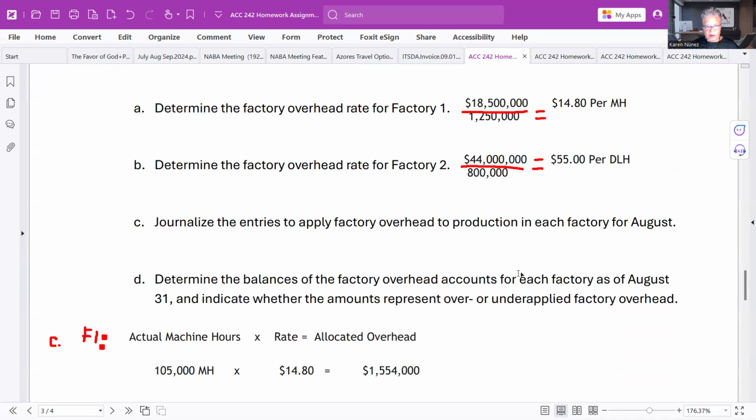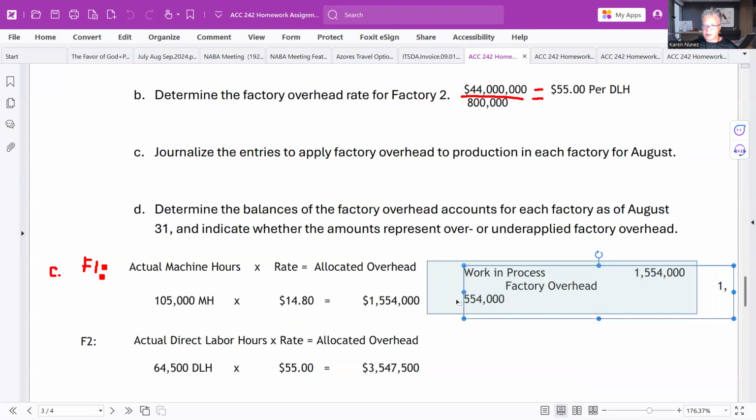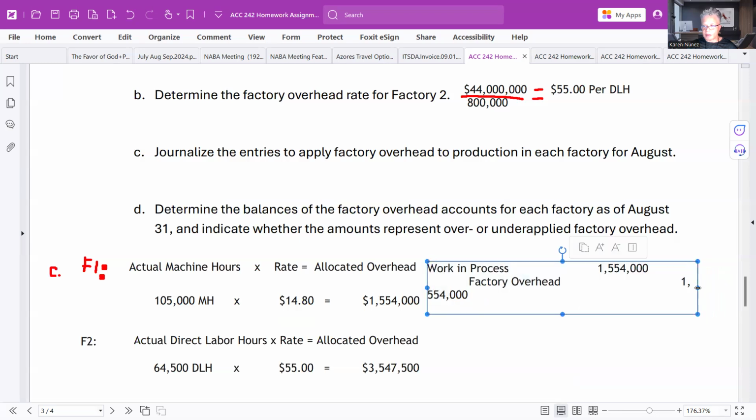So let me see where I can put that. I can probably put that over here on the side. So in factory one, we assigned allocated overhead of 1,554,000 to work in process.